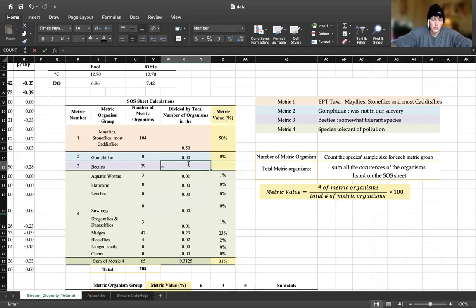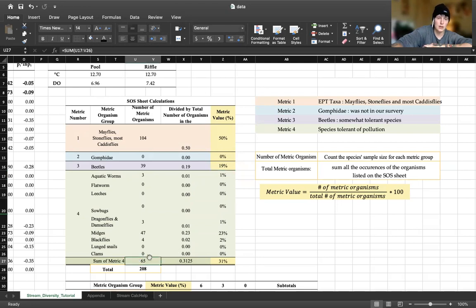For beetles, we're going to do this again. You're going to take the metric total number for the class and divide it by all the classes total. And then that's going to be 19%. So I'm not going to go through all of the ones from the 4th metric group, all of these, but you want to go through all of them and do what I just did.